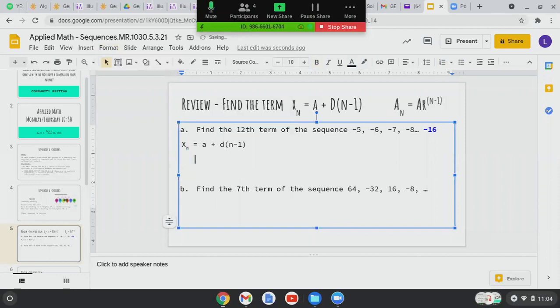So remember, a is the first term. So the first term is -5, plus, what did you find the difference to be? -1. Yep. -1. And then we are looking for the 12th term. 12 minus 1.